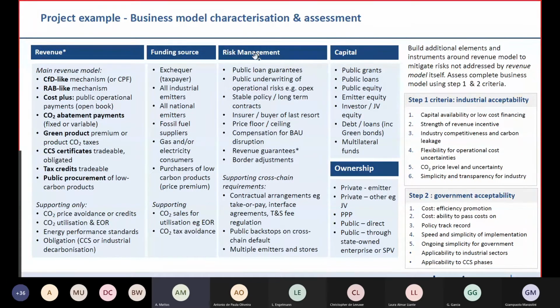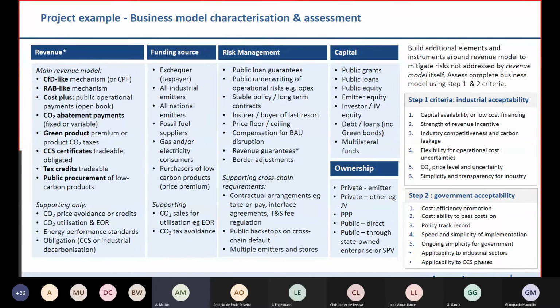In this study, once we brought together some of these elements into a set of feasible business models, we tried to assess those models on how likely they were to be successful and their strengths and weaknesses against a set of criteria, which are outlined on the right-hand side here. For example, the criteria that make the model acceptable to industrial sites are things like, can the model enable access to capital financing?